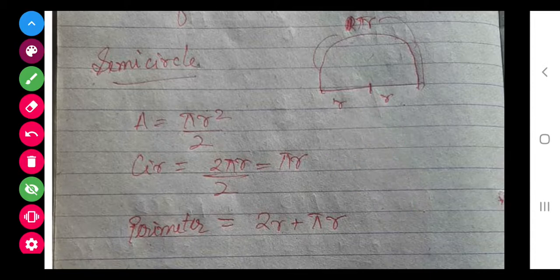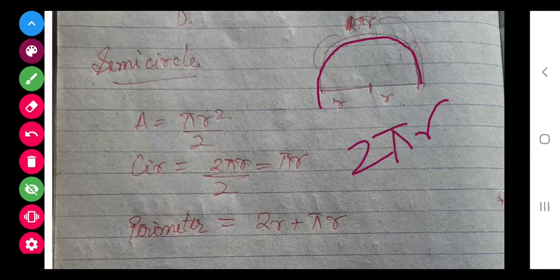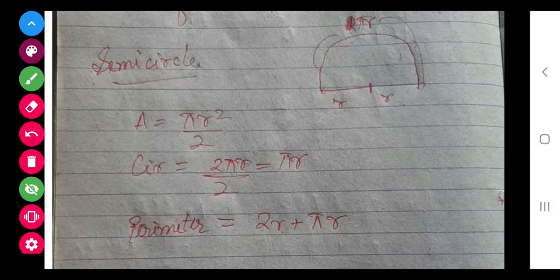So class, first of all, area will be half of the circle. Now perimeter, circumference is this curved part, so that will be half of 2 pi r. Next is the perimeter, pi r plus 2r. This is the formula, you all know about this.